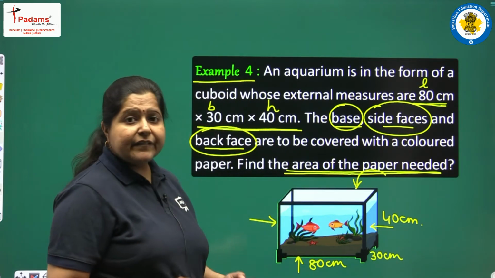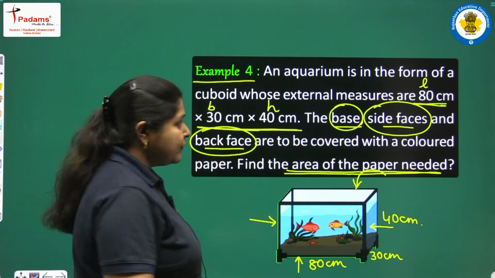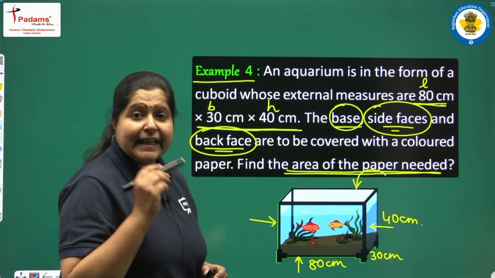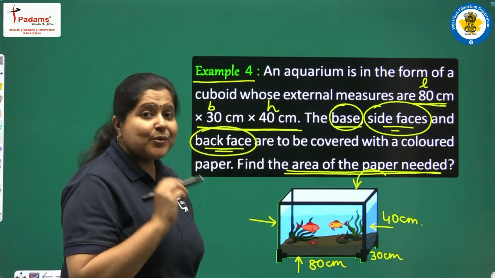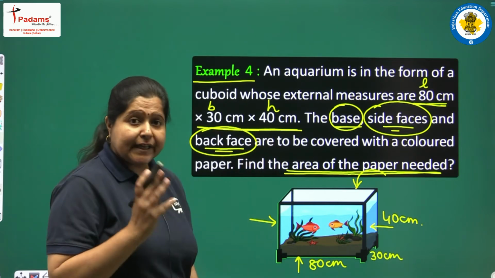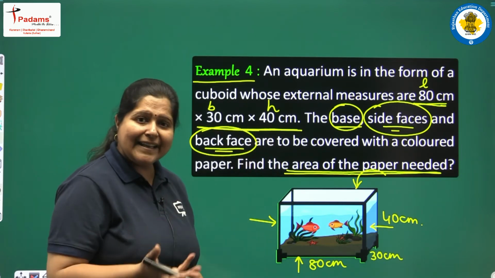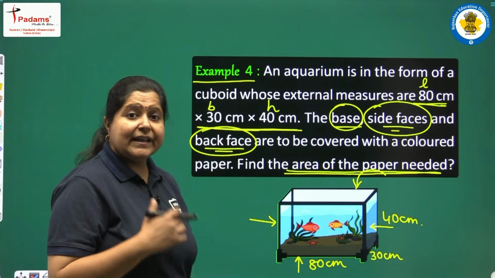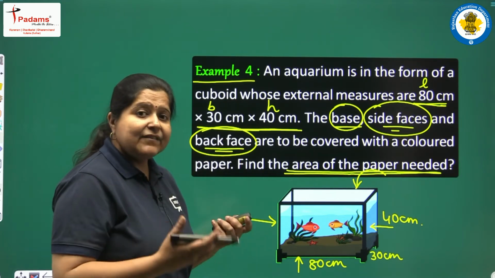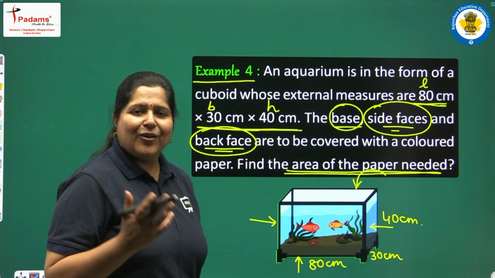So actually here we will be finding out the area of these different faces, and then we will add them to get the area of the paper required to cover these faces. ठीक है, इन faces को cover करने के लिए उतना ही paper चाहिए होगा जितना इनका area है. And so here we will be finding out the areas of these faces separately one by one, and then we will be adding them up to get the area of the paper.